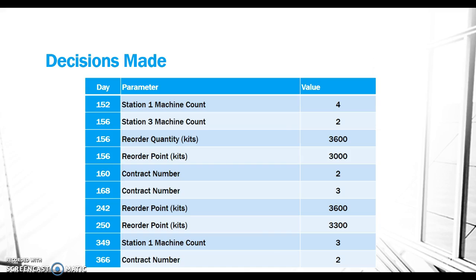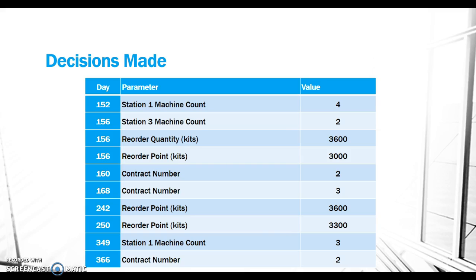So in Littlefield, this is a recap of our decisions made. On day 152, we had a total of 4 machines in Station 1, and on day 156, we had 2 machines at Station 3. So we bought machines there, and also on day 156 we changed the reorder quantity to 3,600 and our reorder point to 3,000.